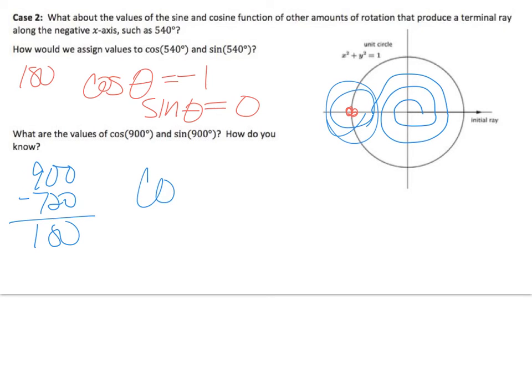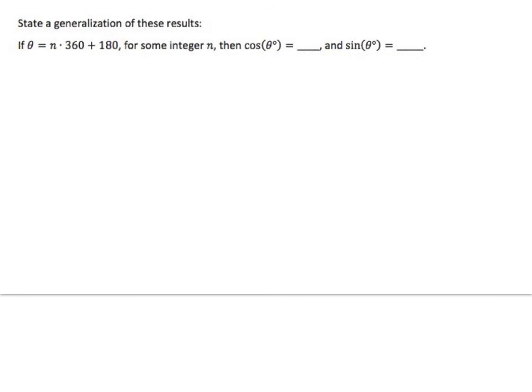So we have cosine of our degree is negative 1 and sine of our degree is 0. Guess what we're going to do next? We're going to do the positive y-axis and the negative y-axis. Oh, we did this, sorry, negative 1 and 0. We've got it.